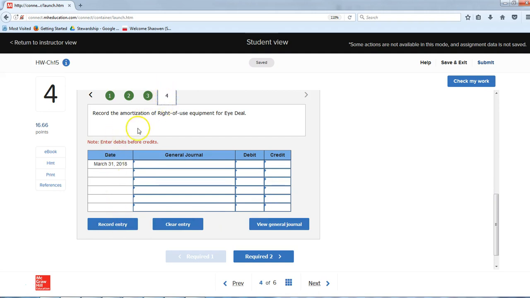The fourth journal entry is to record amortization of right-of-use equipment for lessee. Lessee receives this right. This is like a tangible asset, which we would depreciate, but since this is a right, it is an intangible asset, and now we need to amortize it.